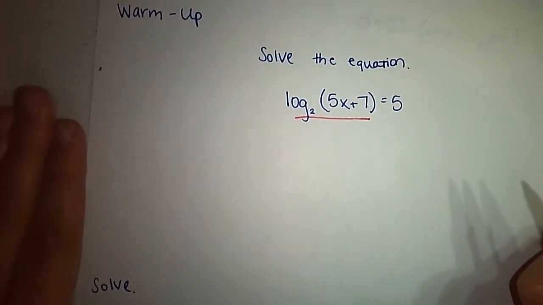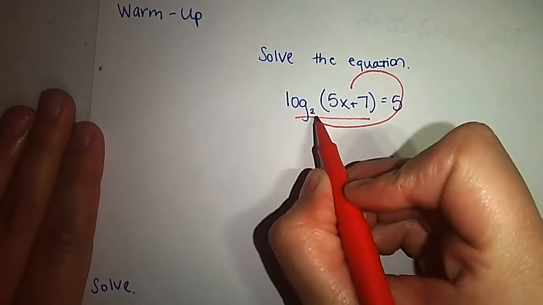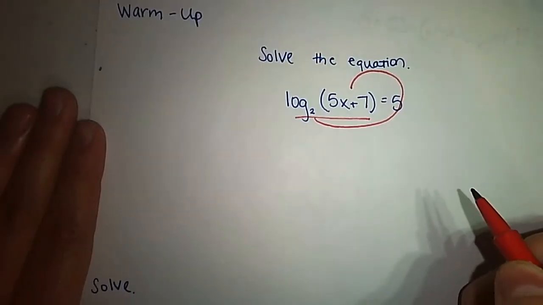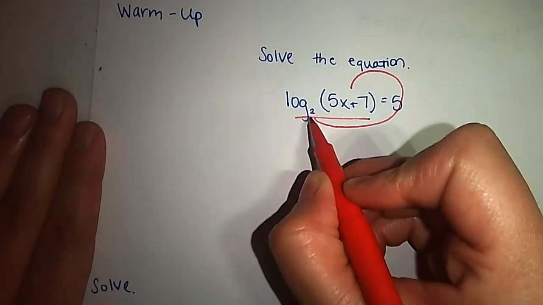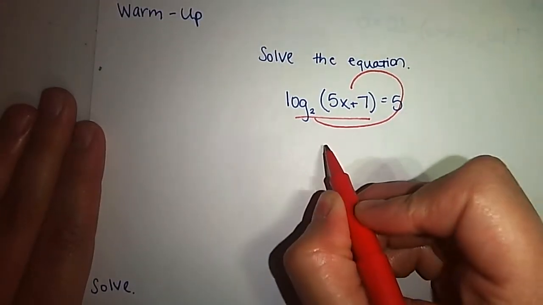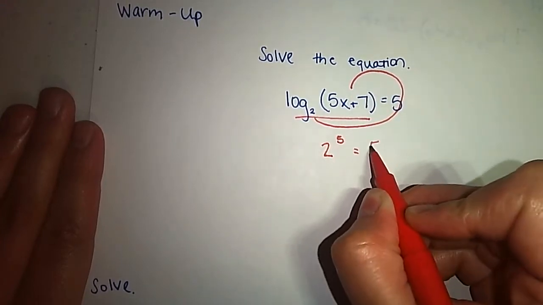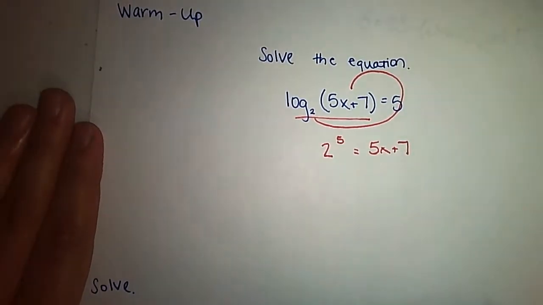So when there's only a log on one side, that's where we do our log roll. Just remember, we always start with the base, what it equals, and then what's left. I'm going to put this in exponential form. So this will be 2 to the 5th equals 5x plus 7.